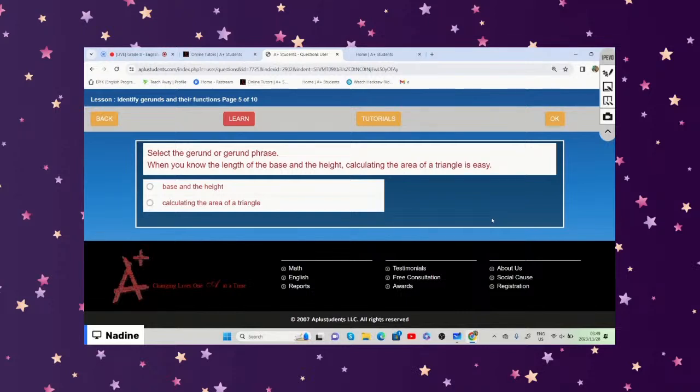All right, let's do the last one. So we need to select the gerund or the gerund phrase. When you know the length of the base and the height, calculating the area of a triangle is easy.